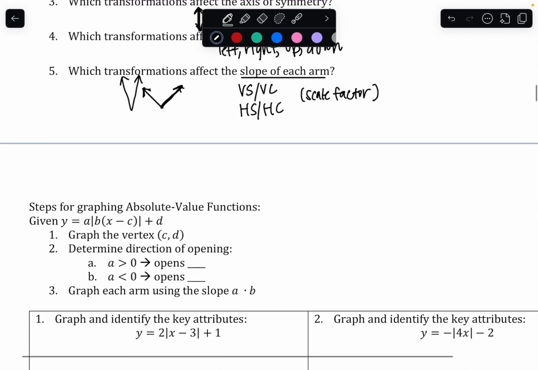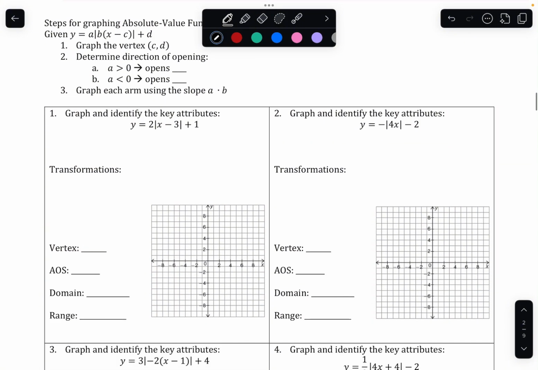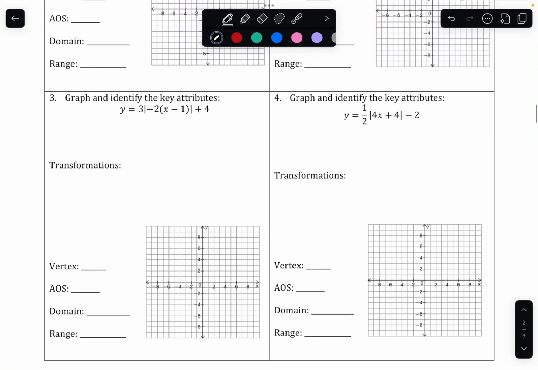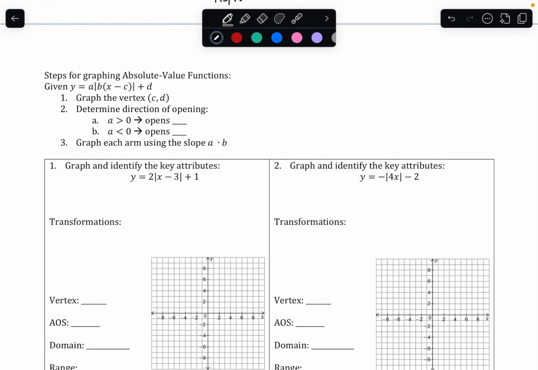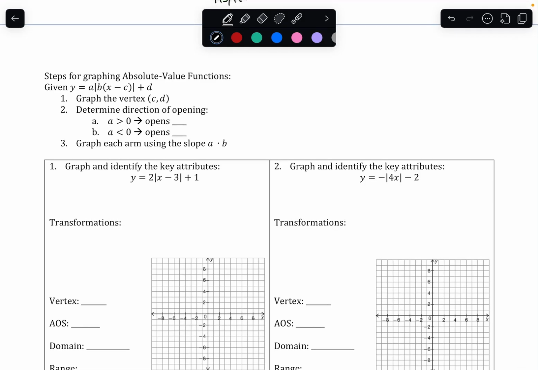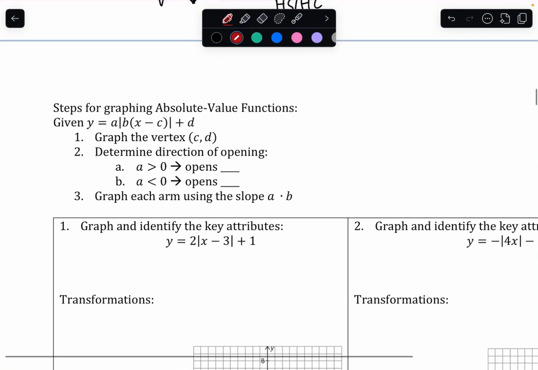Okay, and so now that we know our transformations, we are going to go into graphing our new absolute value functions using the transformations. All right, so here's the steps for graphing absolute value functions. First, as you read the transformations, remember A and B are your scale factors.